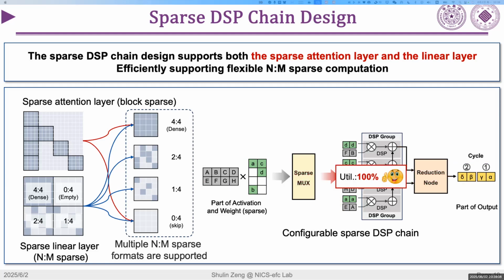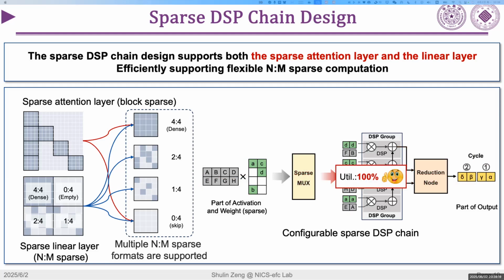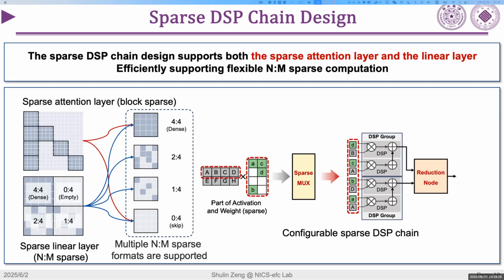And in order to keep the accumulation results correct, we also design the reduction node to dynamically select the data output. As shown in the figure below, the configurable sparse DSP chain can fully utilize the non-zero elements.